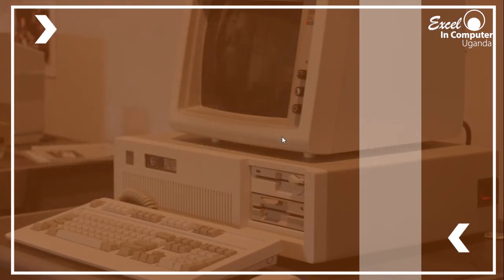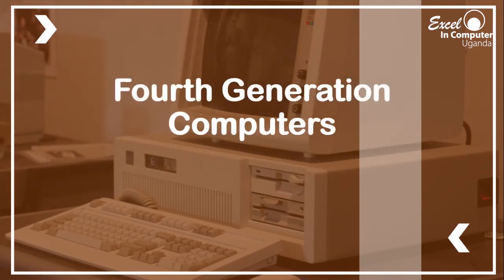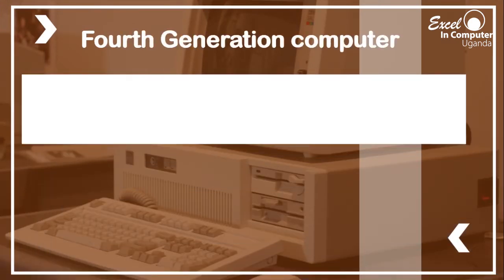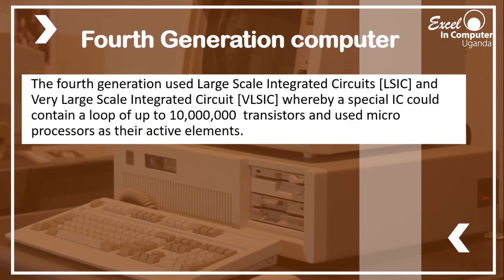So we're going to look at the fourth generation computers. Fourth generation computers used large-scale integrated circuits and very large-scale integrated circuits, whereby a special IC could contain a loop of up to 10 million transistors, and used microprocessors as their active elements.